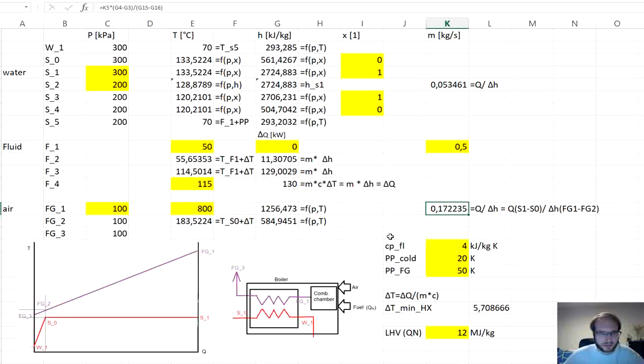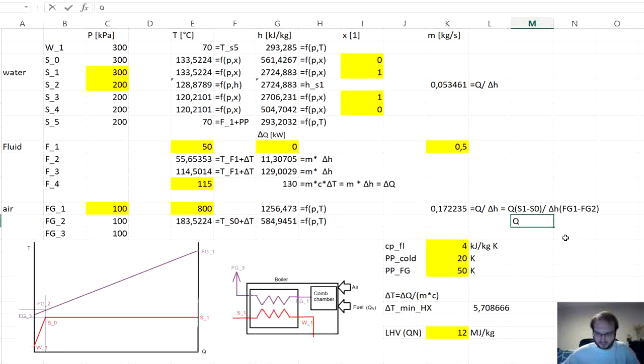And now, since we know the mass flow rate of the flue gas, we can also get the remaining heat transfer between the point W1 and S0. Let's put it here.